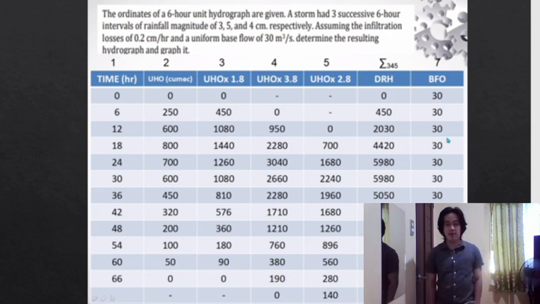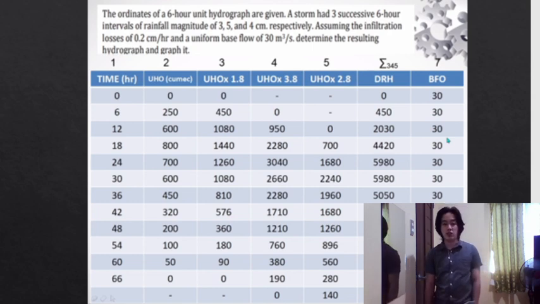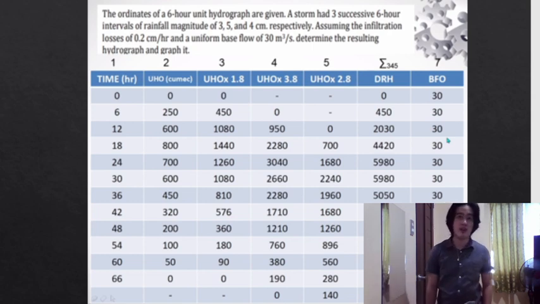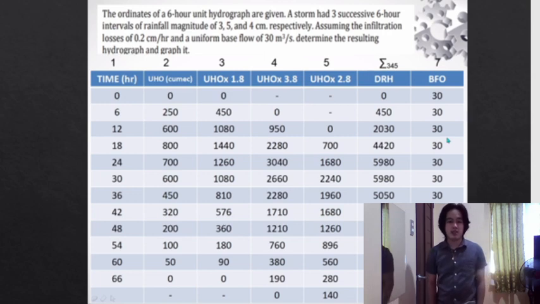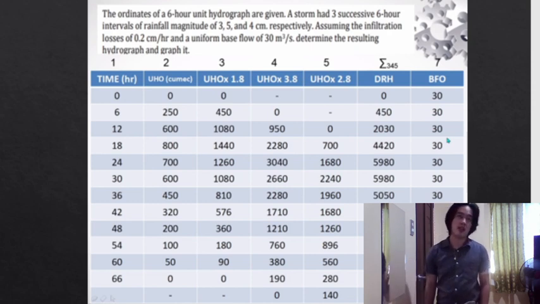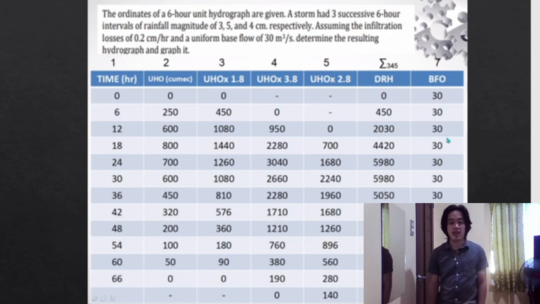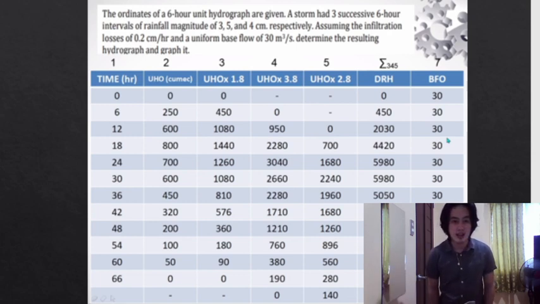So in this problem, we are given the time and the UH ordinate, the unit hydrograph ordinate, in columns 1 and 2. To solve, we take the 0.2 losses and multiply it by the 6-hour interval.